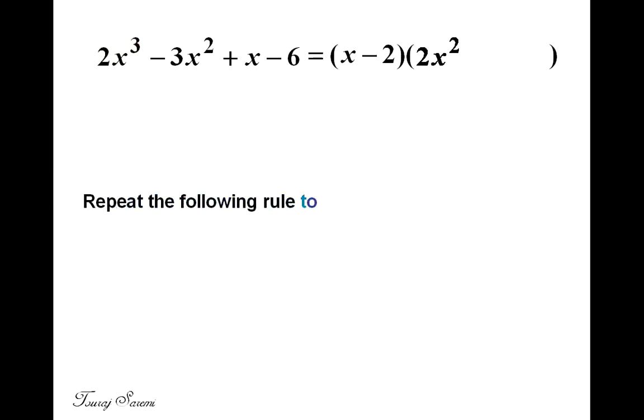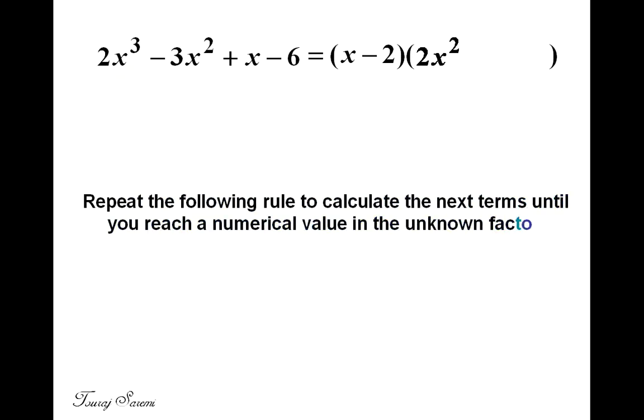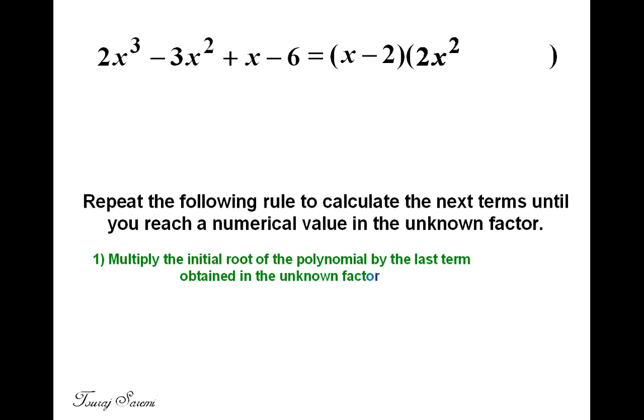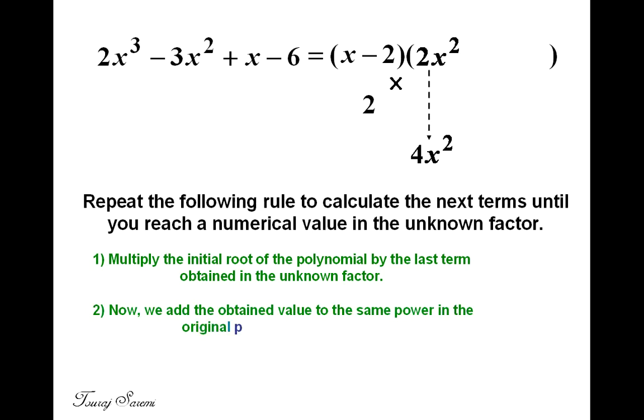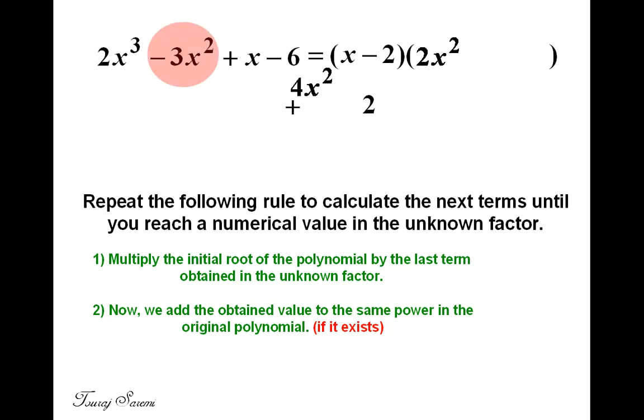Repeat the following rule to calculate the next terms until you reach a numerical value in the unknown factor. 1. Multiply the initial root of the polynomial by the last term obtained in the unknown factor. 2. Now, we add the obtained value to the same power in the original polynomial, if it exists. 3.